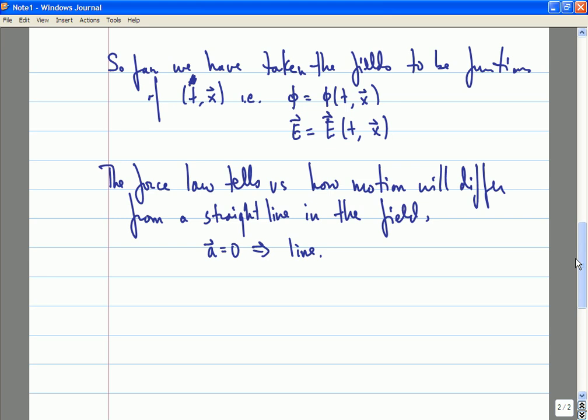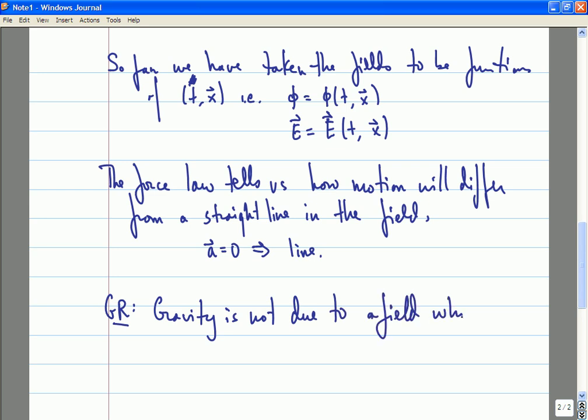So in general relativity, gravity is not due to a field which is a function of space-time points, but it's rather due to a feature of space-time itself.